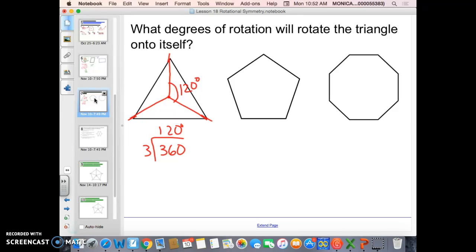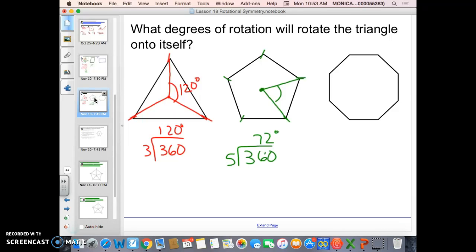Now let's look at this. This is, I believe, a pentagon, right? So we've got 1, 2, 3, 4, 5. So I'm going to know how many degrees is each turn if I just turn it one time. So I'm going to take 360 divided by 5. That's 72 degrees. So each one is 72 degrees.